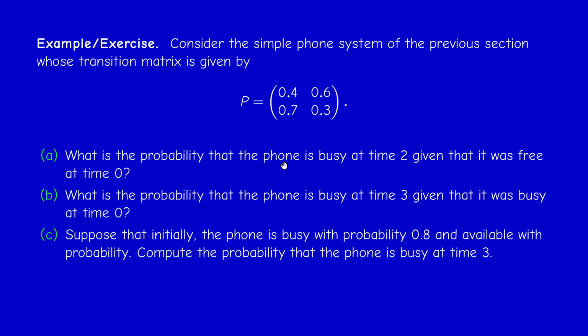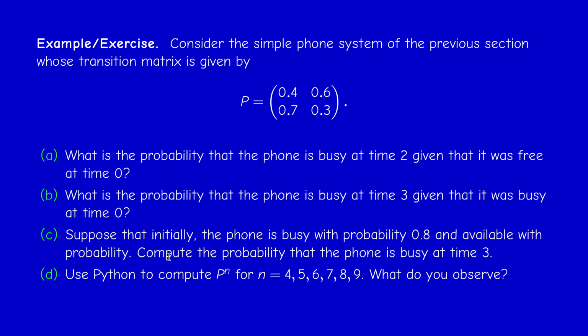So as before, alpha n and alpha 0 are probability vectors because the sum is 1, and the terms are non-negative. So compute the unconditional probability that the phone is busy at time n equal 3. And finally, use Python to compute P to the n for n equal 4, 5, 6, 7, 8, 9, and see what we observe.